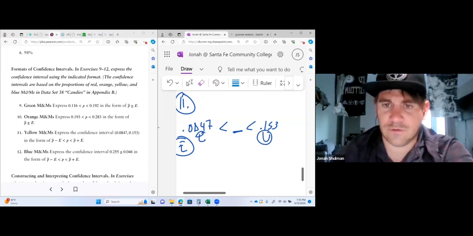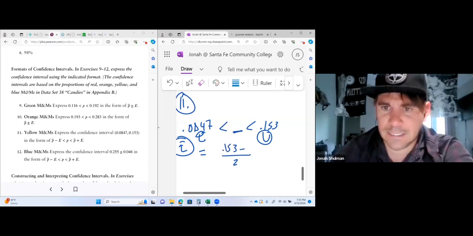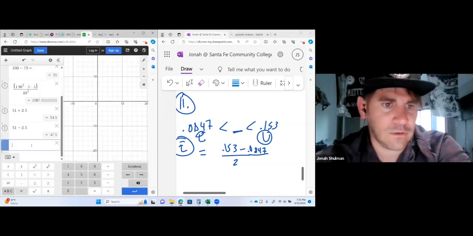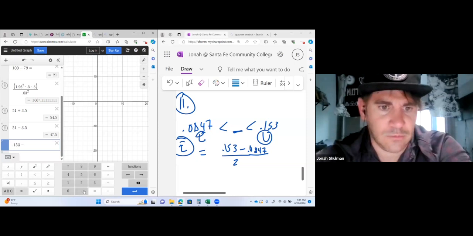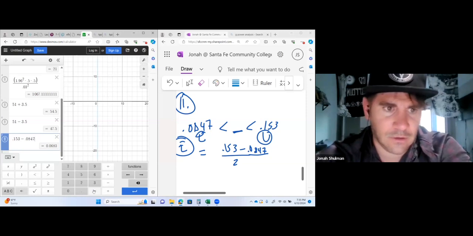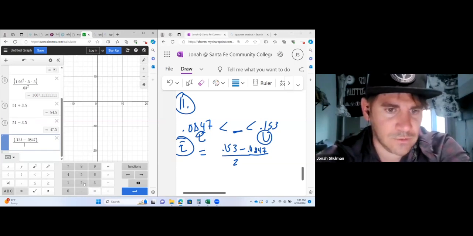So all I have to do to find the error is take 0.153 minus 0.0847 and cut it in half. So 0.153 minus 0.0847, and then divide it by 2.